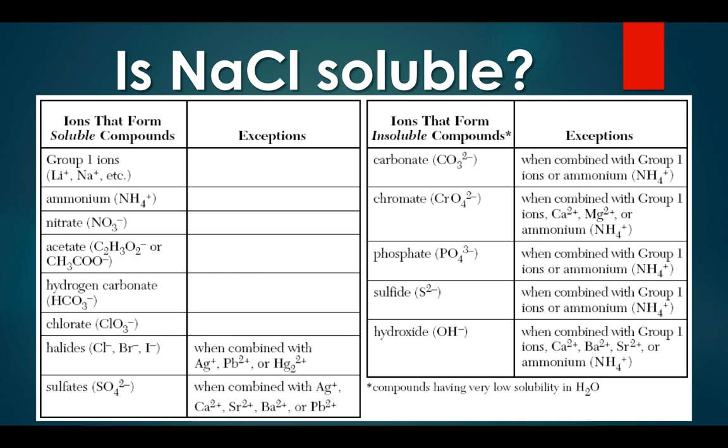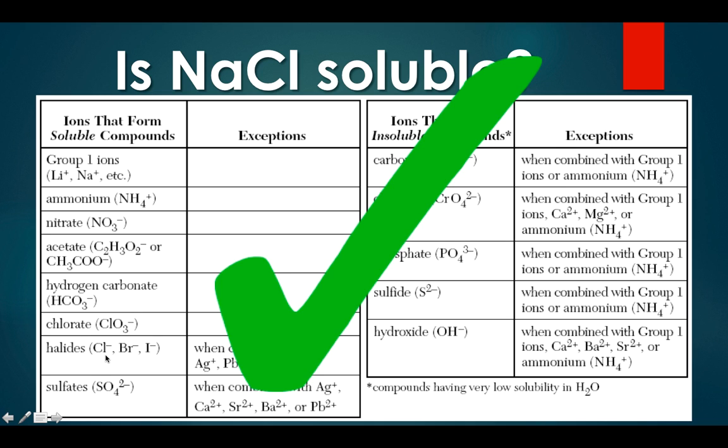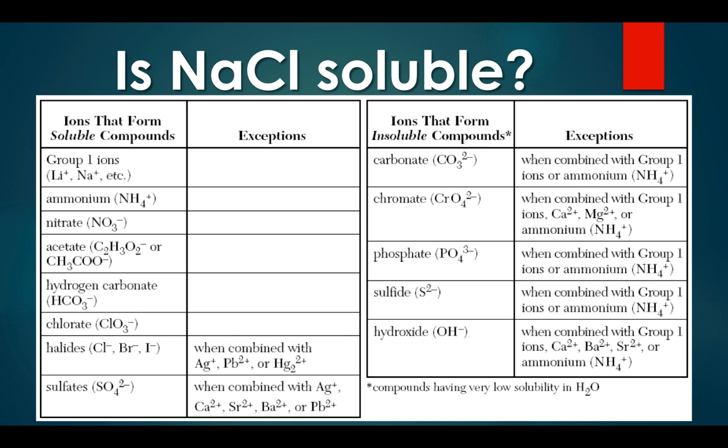Now, you could also look a little further down the chart where it says halides, and notice that chlorine is considered an ion that forms soluble compounds.